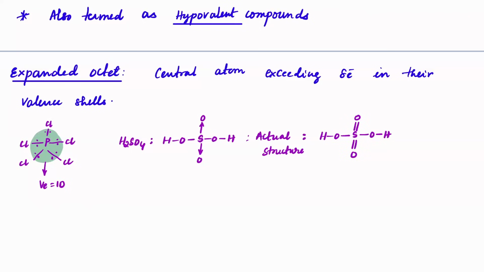So there is sharing from both the sulfur and oxygen ends. Now count the number of valence electrons here. We have 2 here, 4 here, 2 here, 4 here. How many did we get? Total 12. So 12 valence electrons, which is definitely greater than what we have for octet completion. Clear?